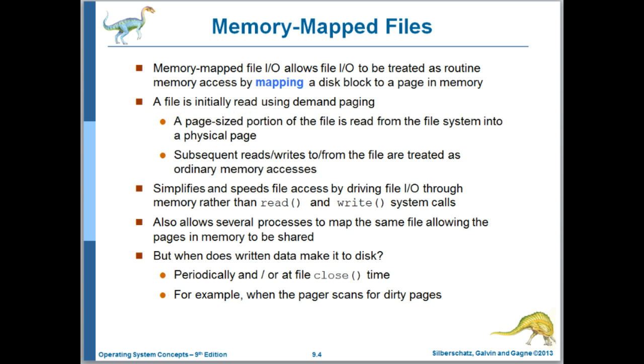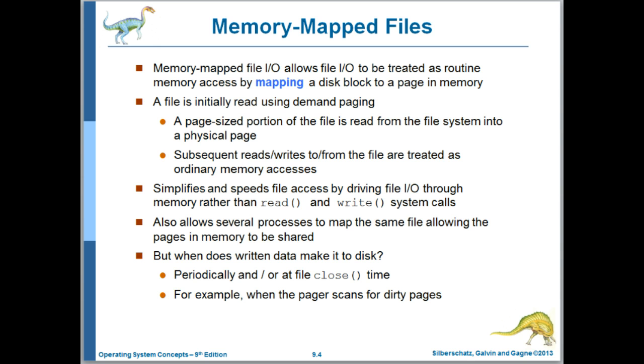File I/O is expensive time-wise because we have a system call and then we have to work through the file system. So mapping files into memory space is a win, because then we can access the files directly through the memory system without having to deal with overhead from a system call.